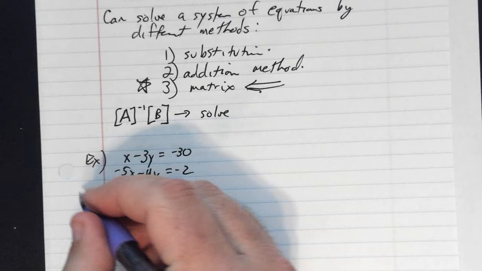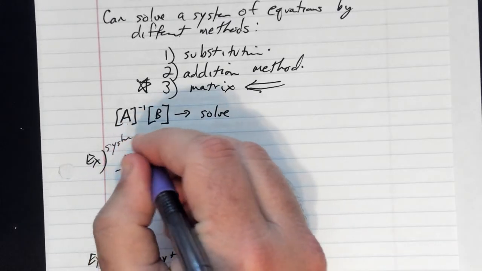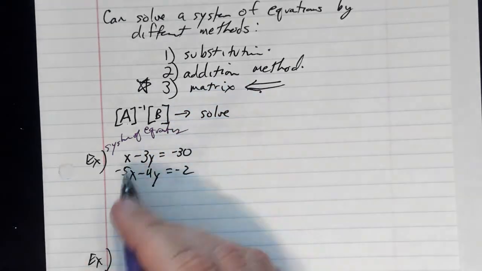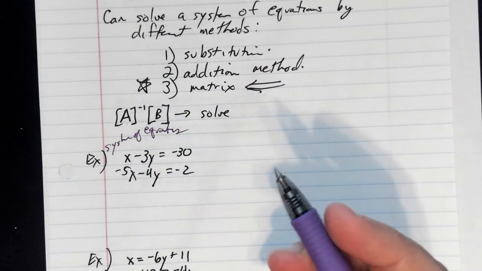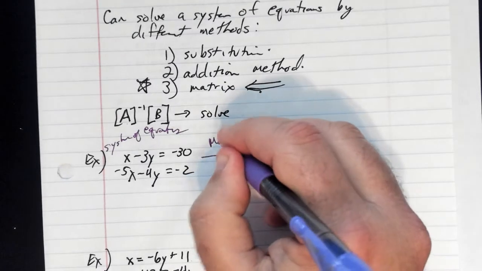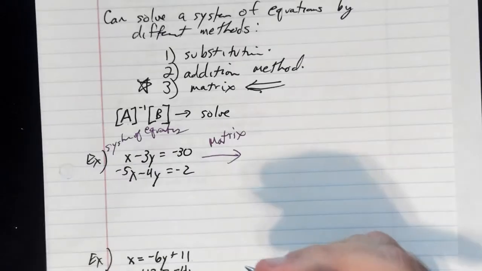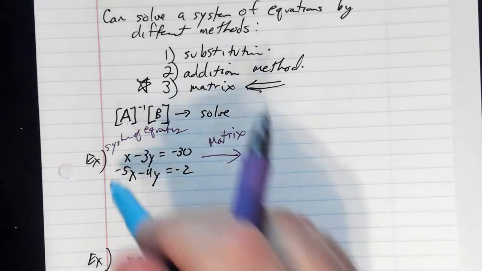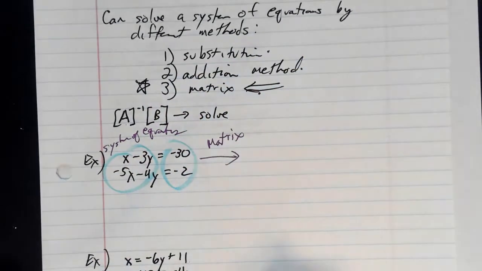Now, to do that, here I have a system of equations. This is two variable equations because there's two variables in each equation. And what we have to do is put it into a matrix. In fact, we're going to do two matrices: a matrix for this one, and then a matrix for this one.